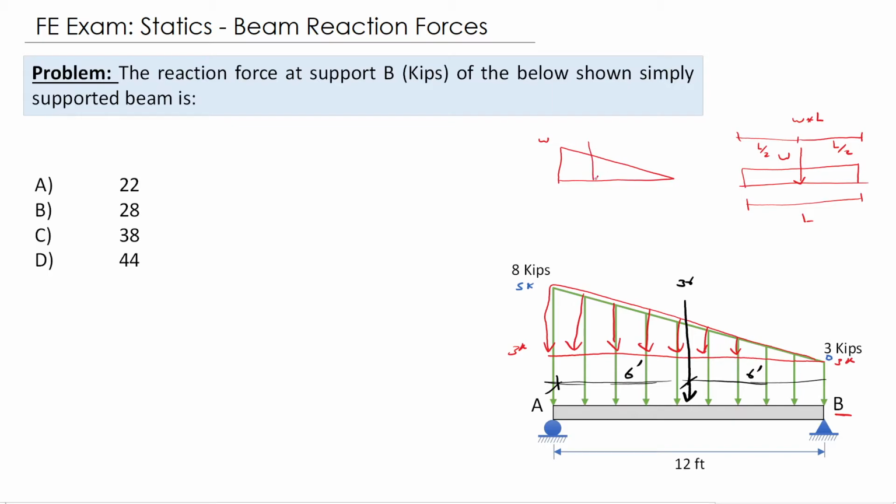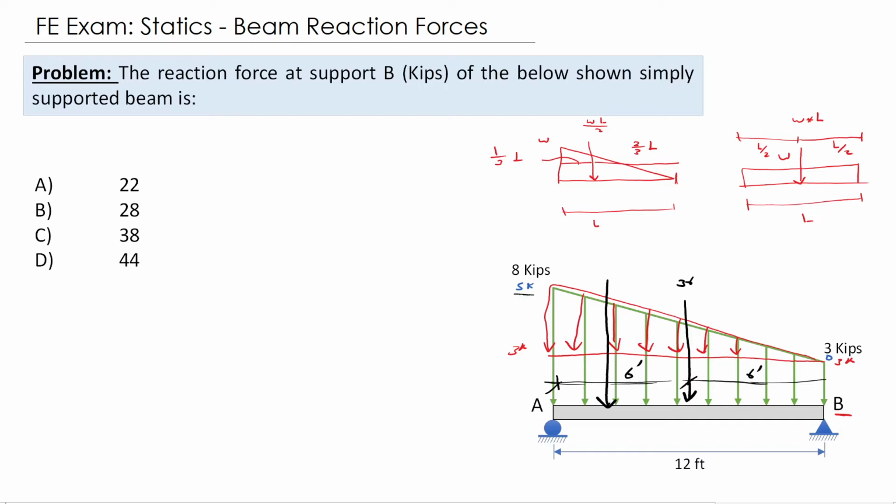So the resultant force is the area of that triangle, which is W multiplied by L divided by 2, and the location of that resultant load is 1/3 the length from the high side and 2/3 the length from the low side. Okay, so it will act almost here.